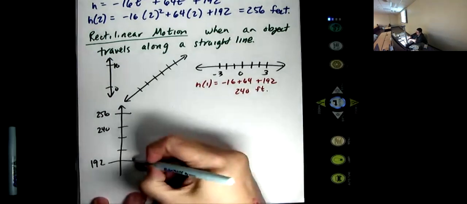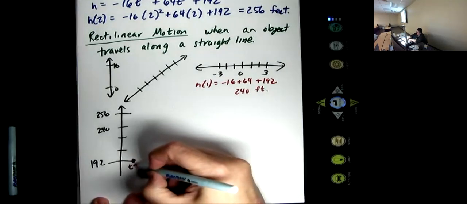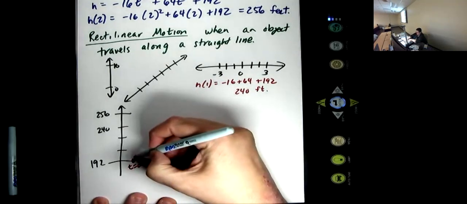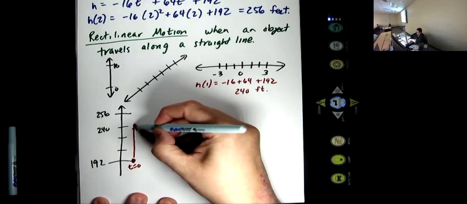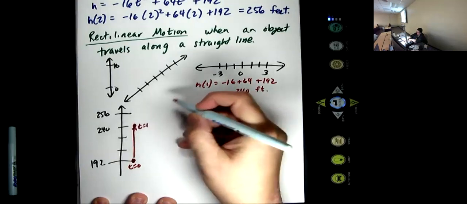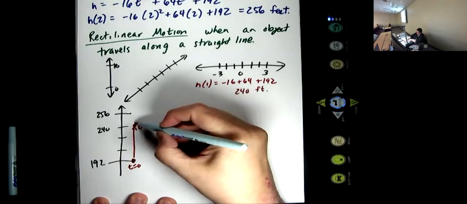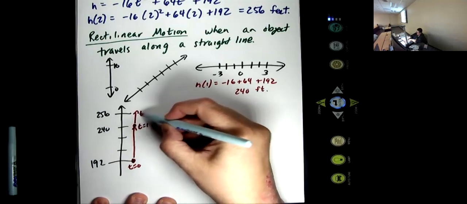So the ball starts here at t equals 0. And by t equals 1, it's up to here. And at t equals 2, it's up to here.